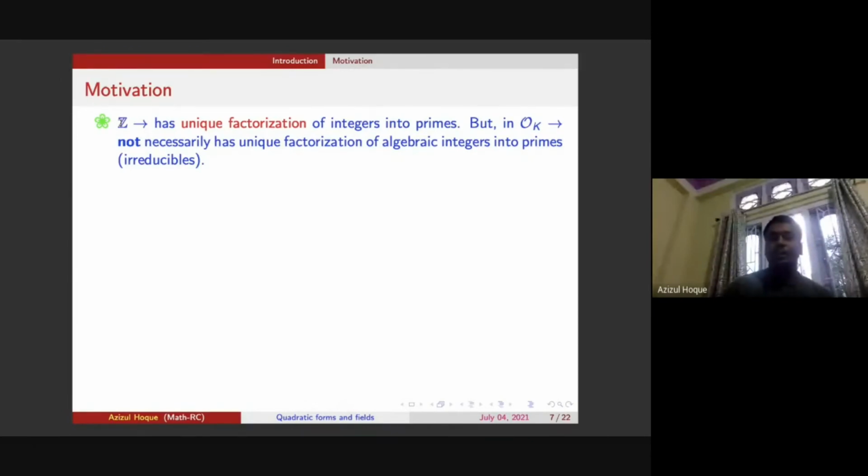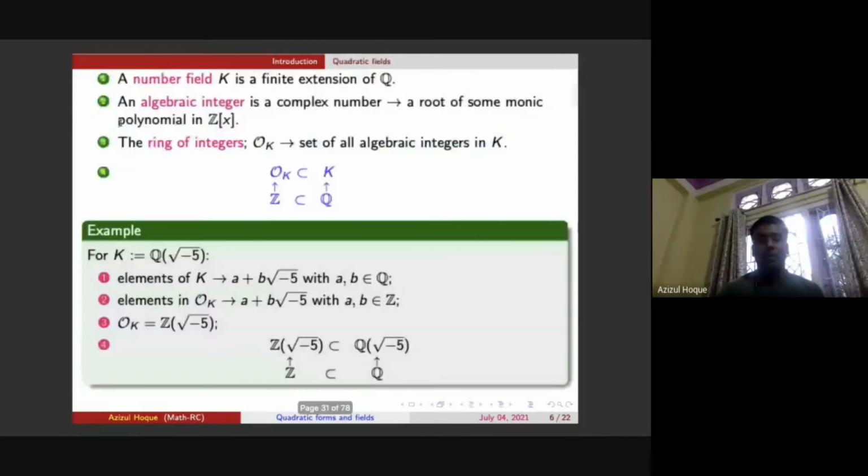So that means every composite number can be expressed as a product of primes. Okay, but this does not happen in case of the ring of algebraic integers. So here we have a nice property, unique factorization, but here we don't have that factorization.